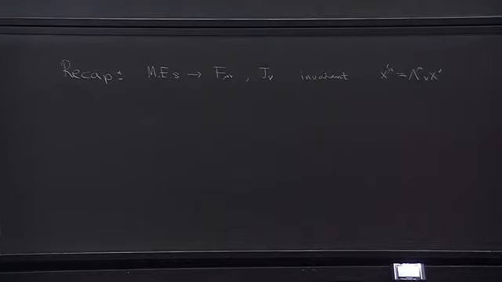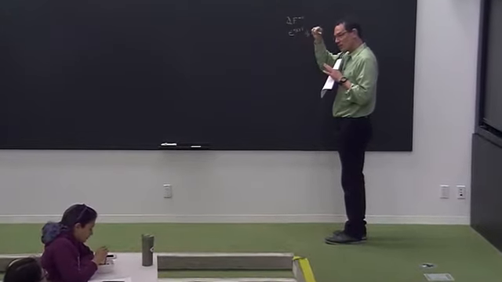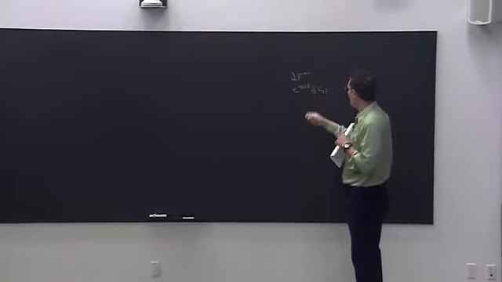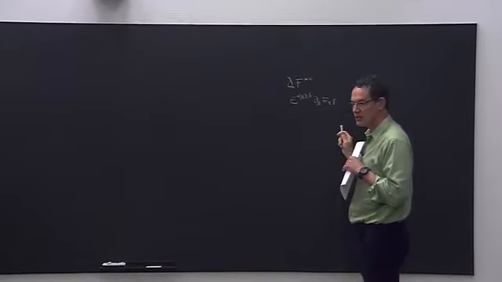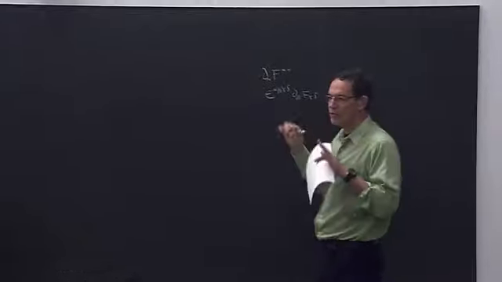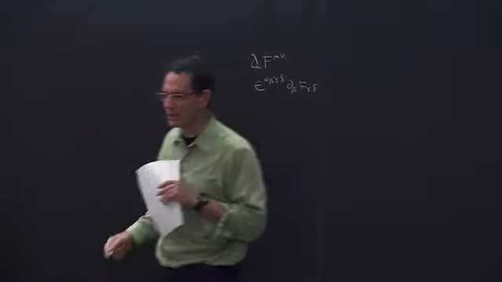But on the other hand, the other equation involved epsilon. And this epsilon is defined with upstairs indices, epsilon 0, 1, 2, 3. And now the F has to have a downstairs index. So somehow you've got to have a way of relating upstairs to downstairs, and that's why you need the eta.